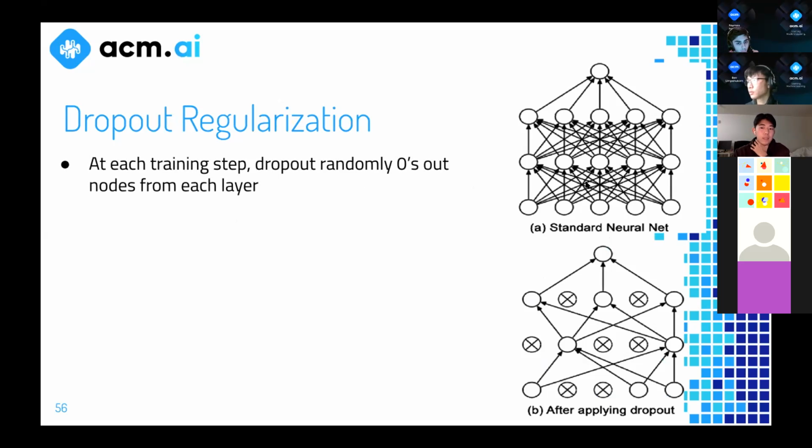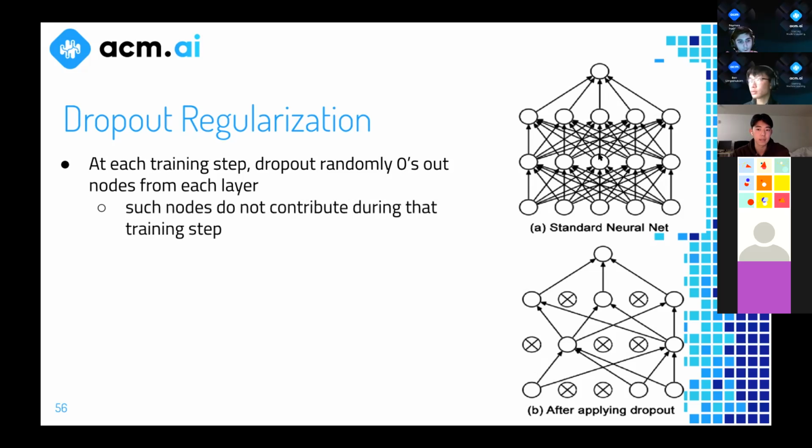So let's say we zero out this node. We're not going to have a connection mapping into this neuron and then mapping out of it. We're just not considering a particular neuron.